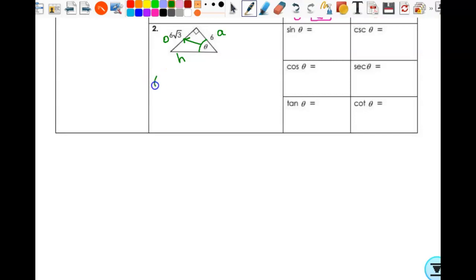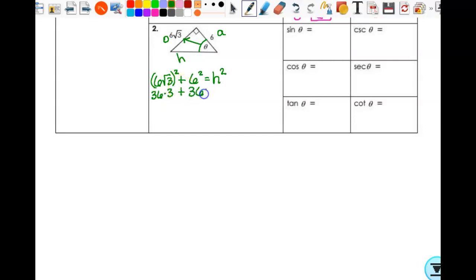Pythagorean theorem. So I'm going to take 6 square roots of 3 squared plus 6 squared equals h squared. What is wrong with what I just wrote? What do I need? Parentheses. I forgot, this is my spring class. So when I square 6 square roots of 3, I square the 6 and get 36. I square the square root of 3 and get 3.